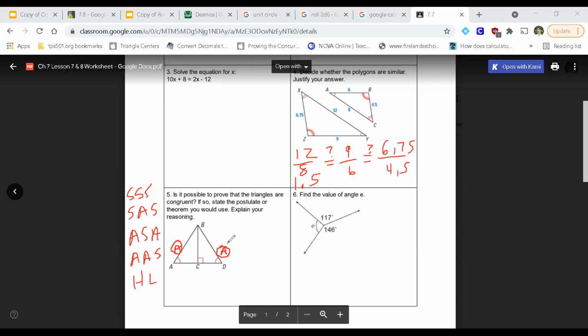Is there any other angles or sides that have to be congruent between these 2 triangles? Yeah, angle C here, if this is 90, then this one has to be 90, right? So that's another pair of angles. And then they both share BC as a side, right?